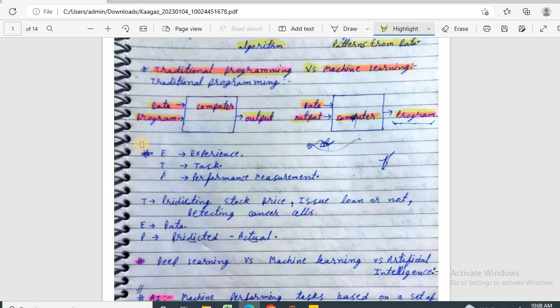Now there is another term, that is ETP, which means experience, task, and performance measurement. E for experience, T for task, and P for performance measurement. Experience is our data. And what is task?